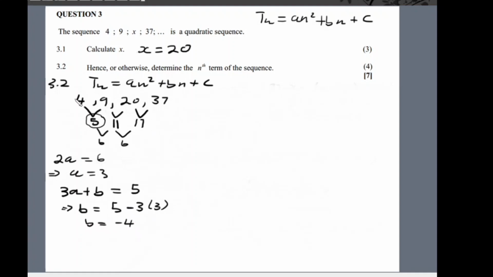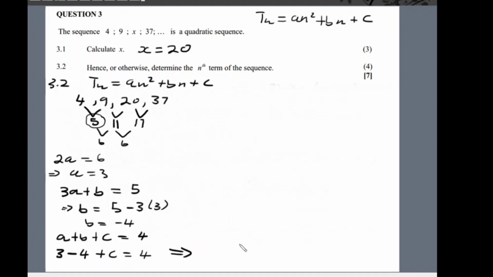And then we have the first term of the sequence, a plus b plus c, equal to 4. We have a already, a is 3, we have b already, b is minus 4, and then we add c, and we should get 4.